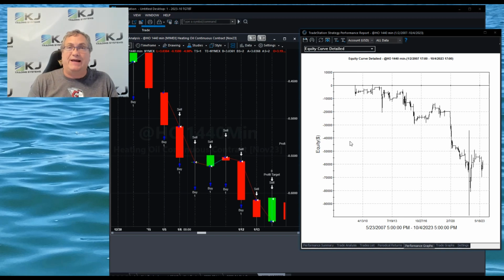It went from being this great equity curve to being a not so great equity curve. That happens. But at least you know that the too good to be true scenario was actually too good to be true.